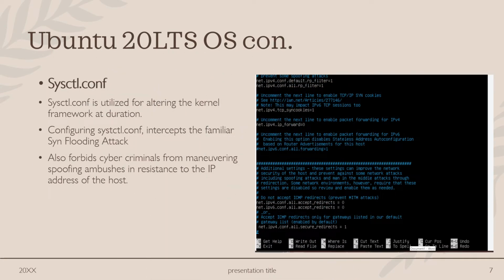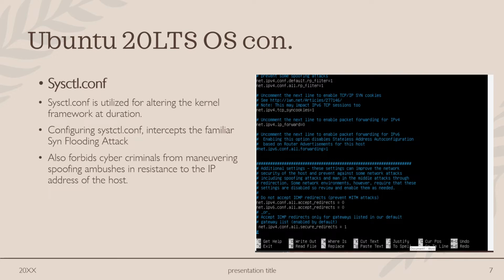Okay, so for our last Ubuntu operating system hardening recommendation, we definitely recommend configuring the sysctl.conf. This feature is utilized for altering the kernel parameters at runtime.